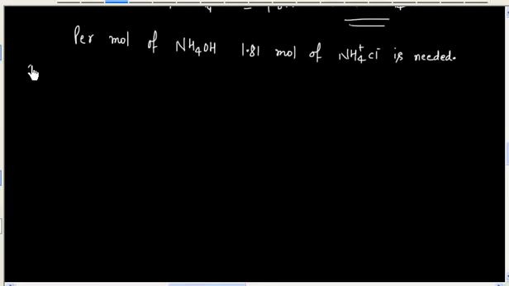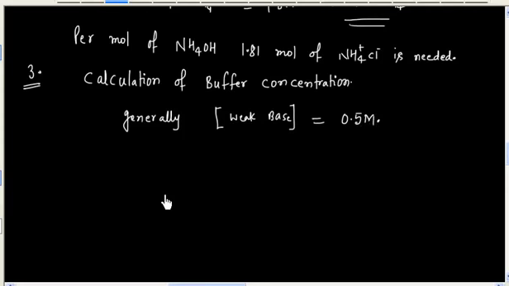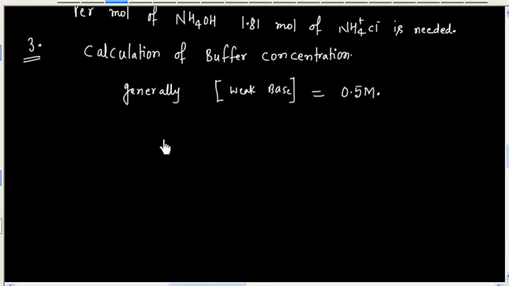Now the next step, calculation of buffer concentration. Generally, we use concentration of weak base around 0.5 M, and this also depends upon what kind of a stock solution is present in lab.